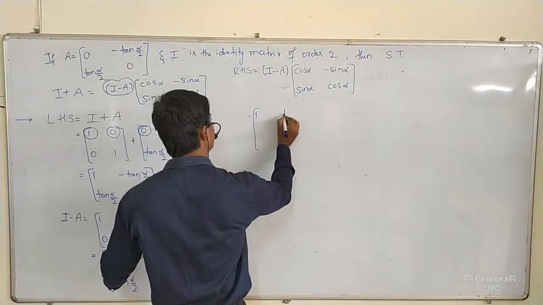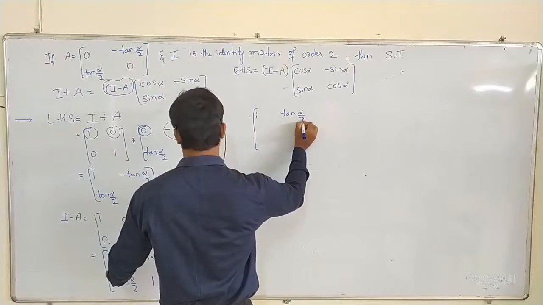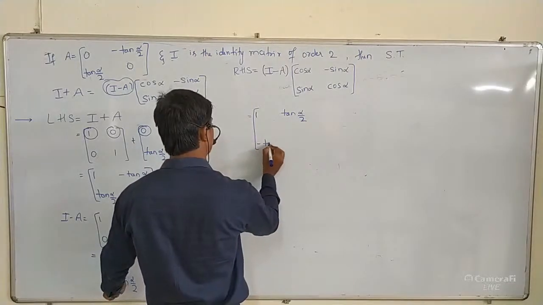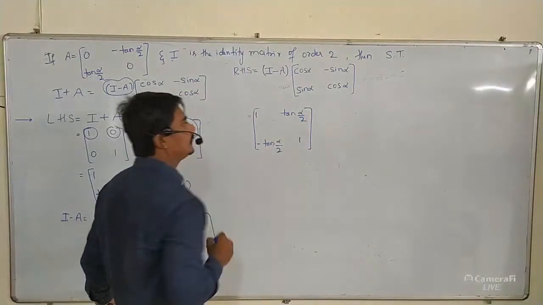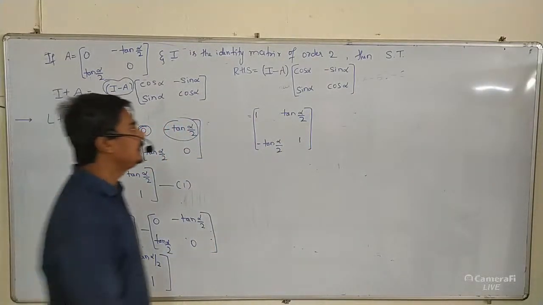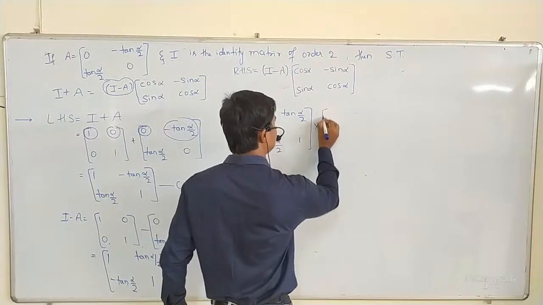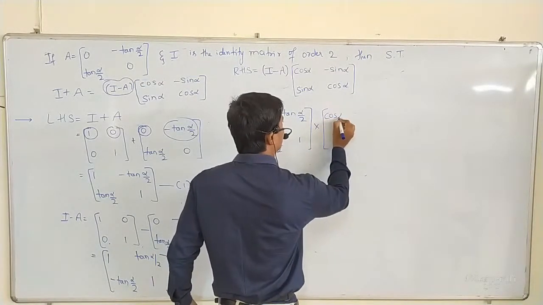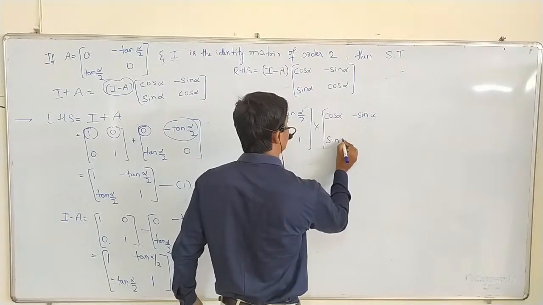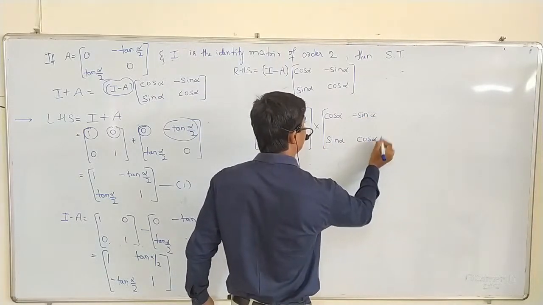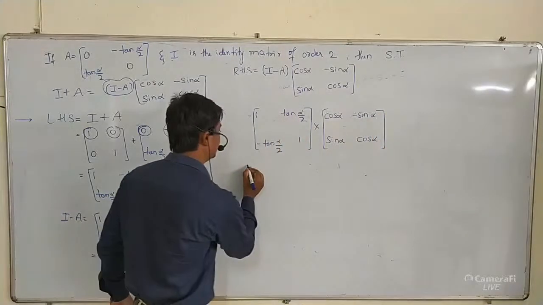This is [1, tan alpha by 2; minus tan alpha by 2, 1]. This is our I minus A matrix into [cos alpha, minus sin alpha; sin alpha, cos alpha].